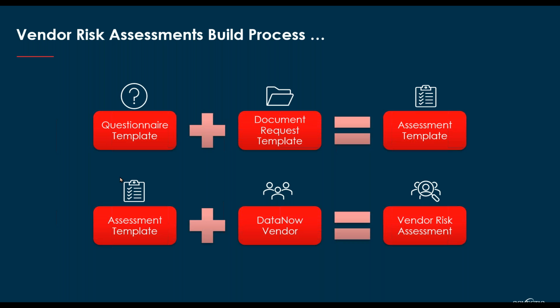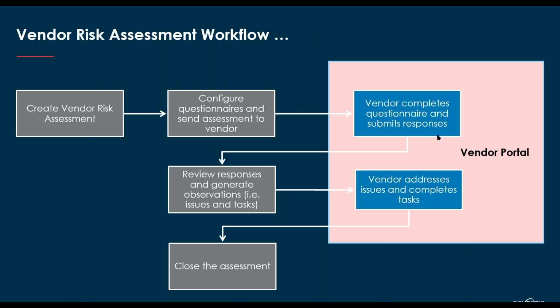Okay, now once that assessment is submitted to the vendor, it's immediately available in the vendor portal. And the vendor has access to this portal. So the vendor can come in, open the assessment, review the questions, respond to the questions, provide any documentation that's necessary, and then return that to your vendor risk assessors.